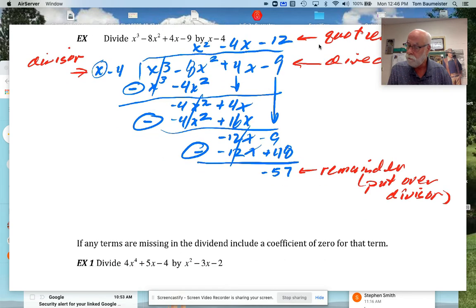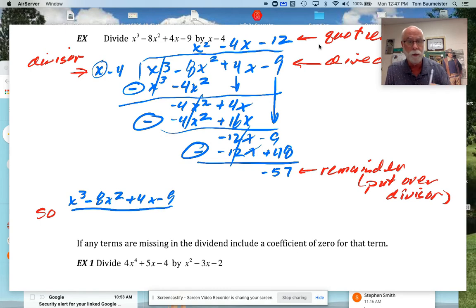Okay? So what this is telling us is that x cubed minus 8x squared plus 4x minus 9 divided by x minus 4. Look at it that way too. Sometimes the homework will put it like that as a fraction, but remember that says divided by.